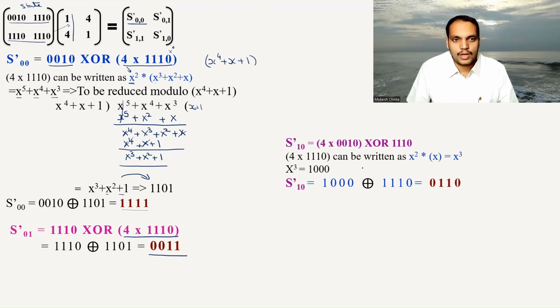Okay. So next, let me calculate S1,0. S1,0 is this one. So 4 times this one, 0010 times 4. I'm calculating this column. So 0010 times 4 exclusive OR with 1110. Once again, you have to calculate this. So 4 is x square. And what is 0010?